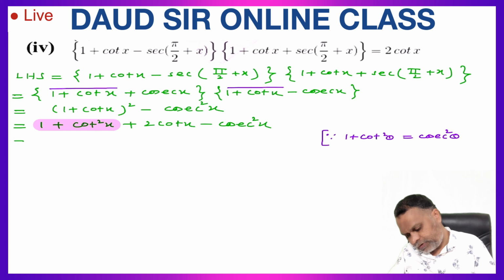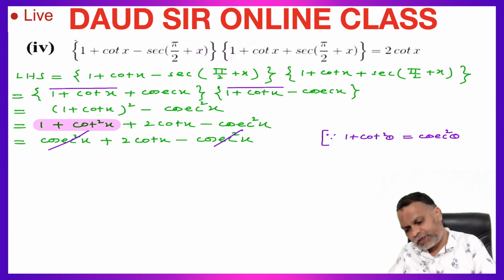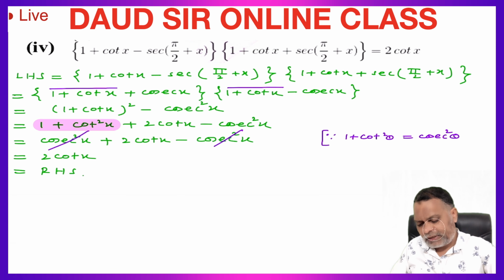So which is equal to cosec square x plus 2 cot x minus cosec square x. This cosec square x negative and cosec square x positive cancelled. 2 cot x, which is equal to right hand side. In this way we can get right hand side 2 cot x.